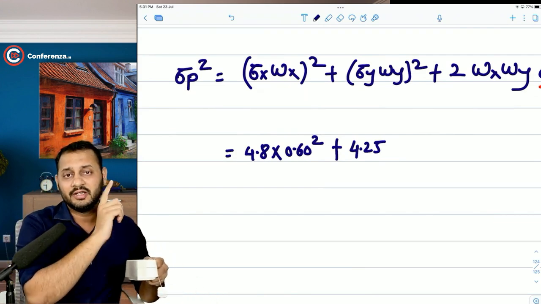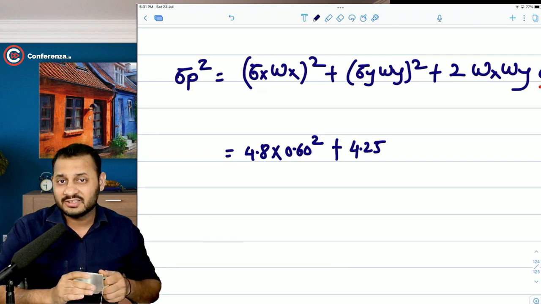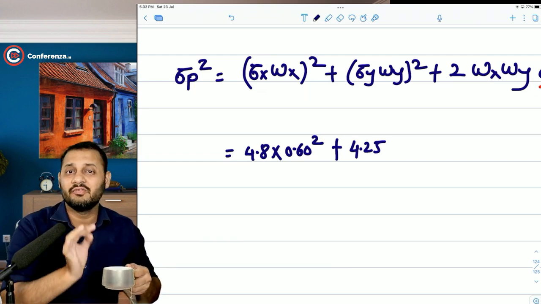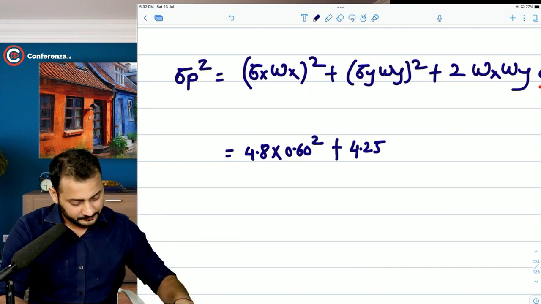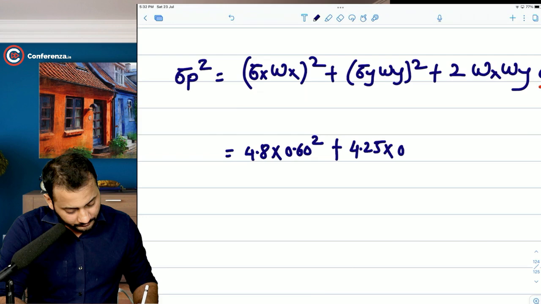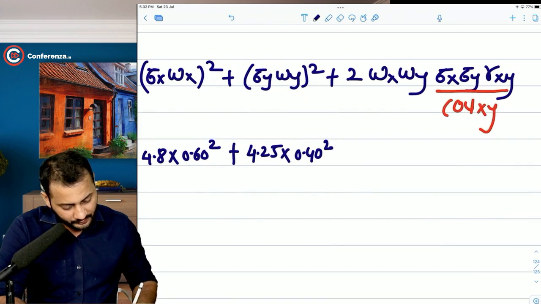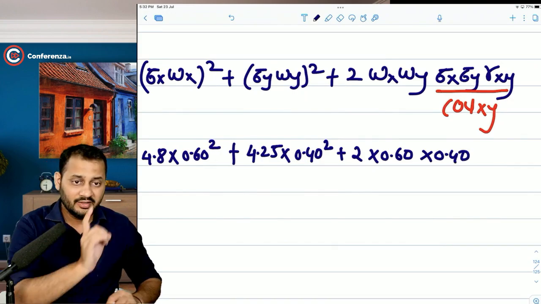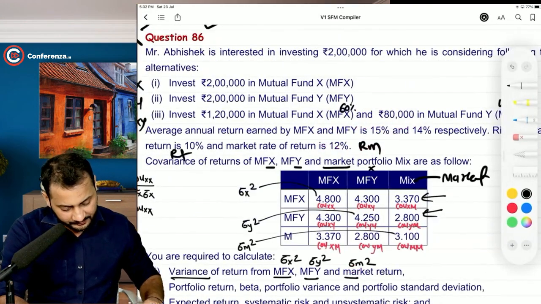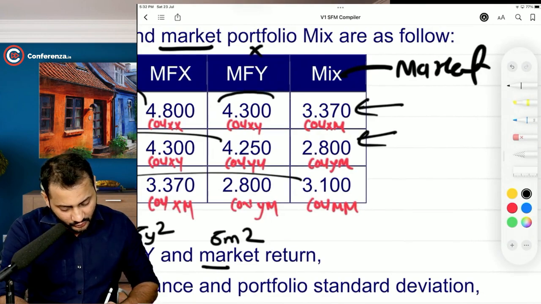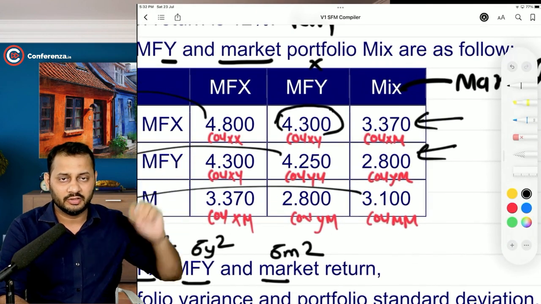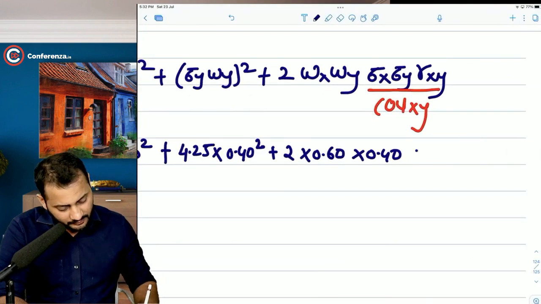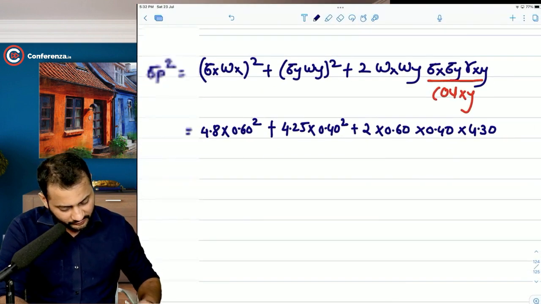The 4.8 and 4.25 are not the standard deviation, it's already in the variance format. Into 0.40 square plus 2 into 0.6 into 0.4, and let's find out covariance of XY. Can you see it here? Covariance of XY 4.3, X and Y column. So multiplied by 4.3.